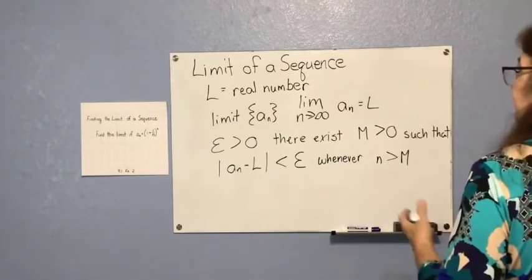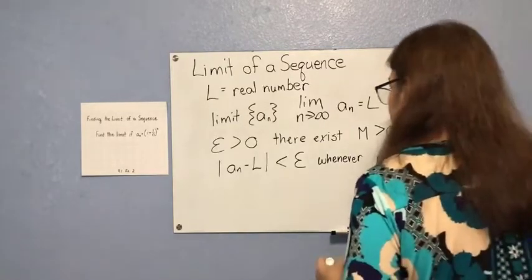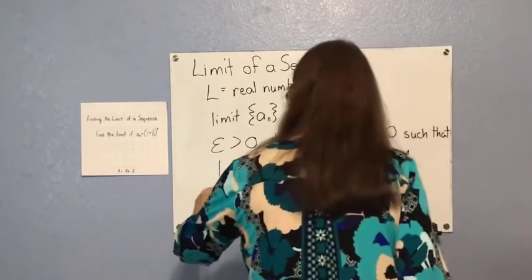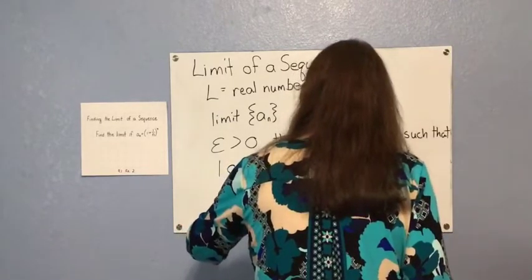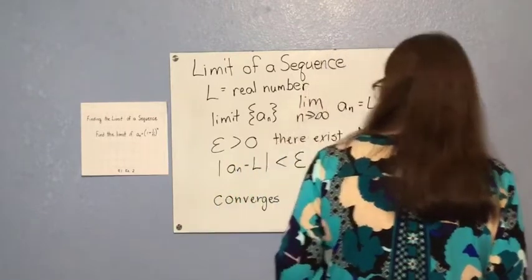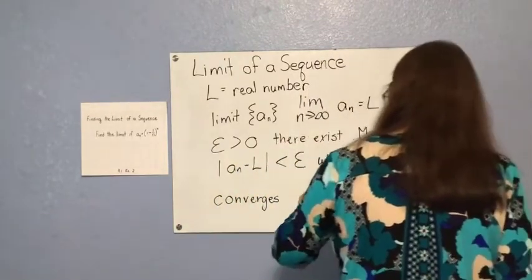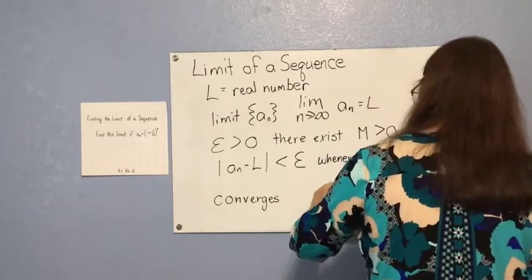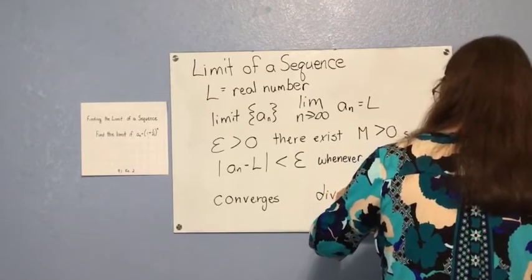Okay, if this limit exists, we say that the sequence converges. If the limit does not exist, we say that this sequence diverges.